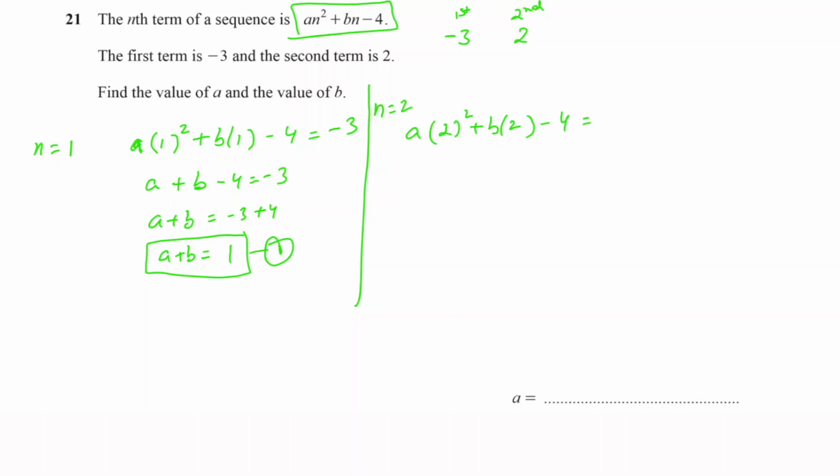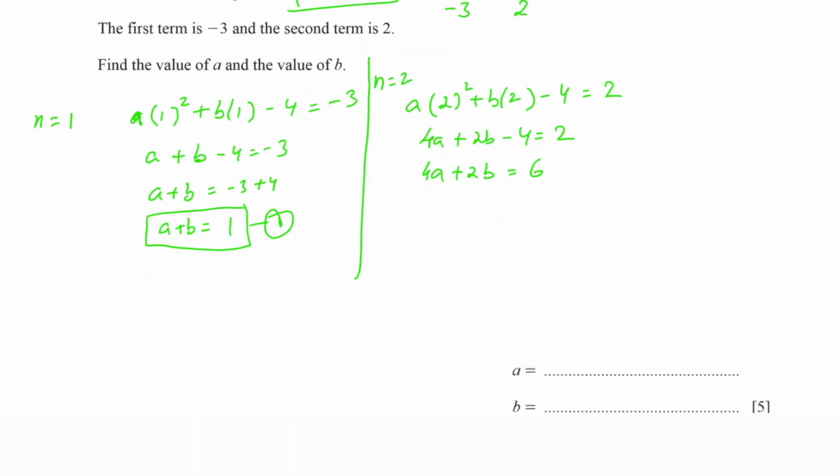So 2 times 2 is 4, so 4a plus 2b minus 4 equals 2. If I shift this minus 4 to the right-hand side, it will be plus 4. So 2 plus 4 is 6.